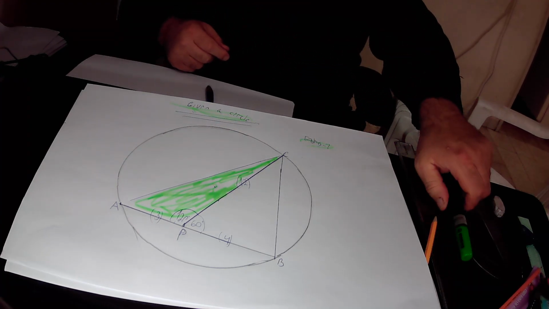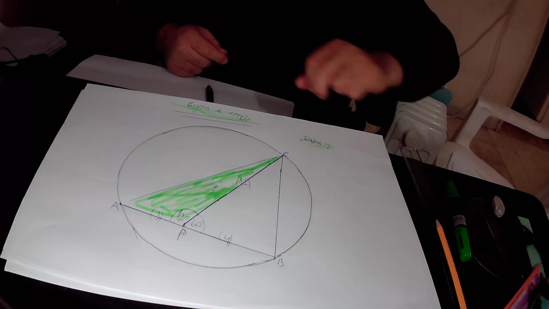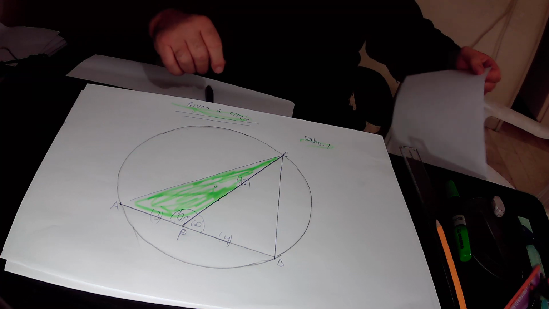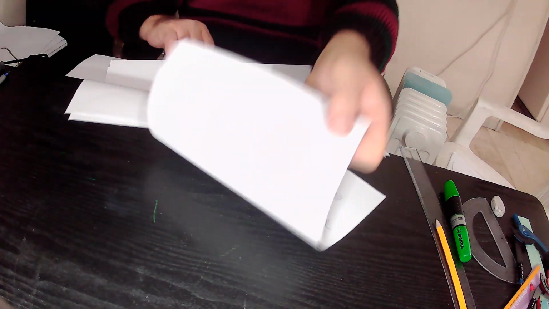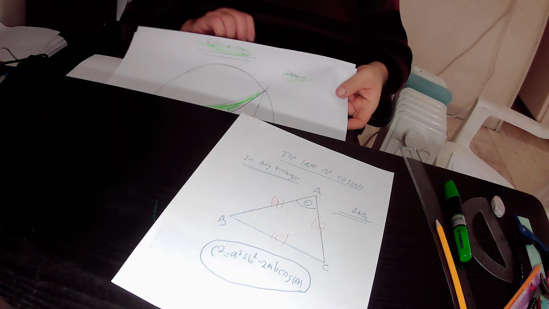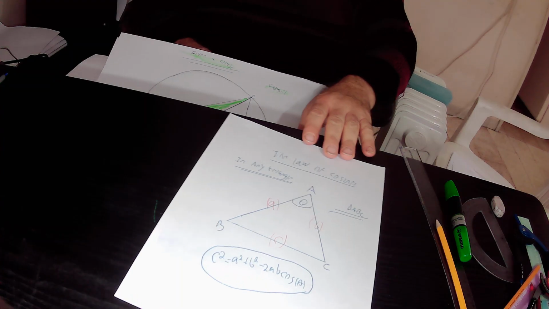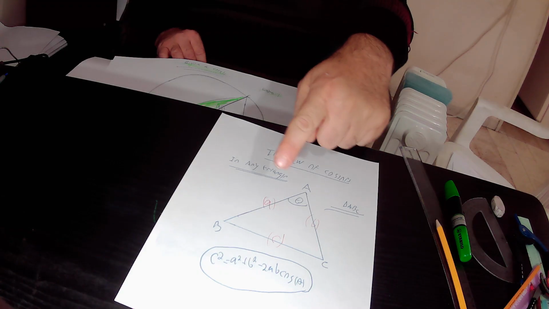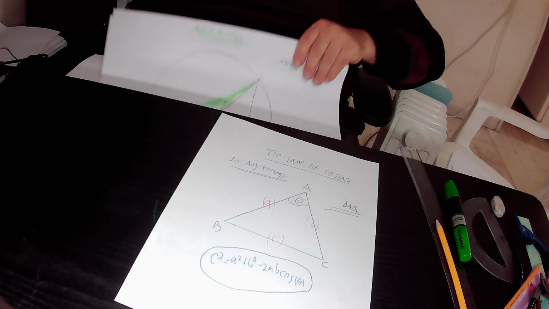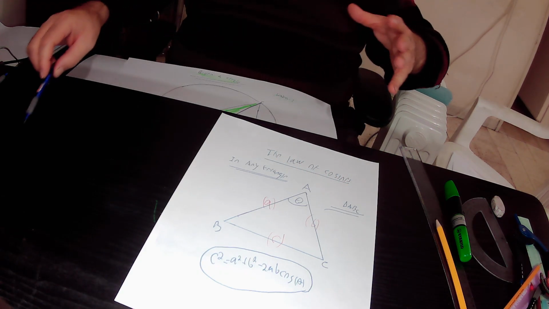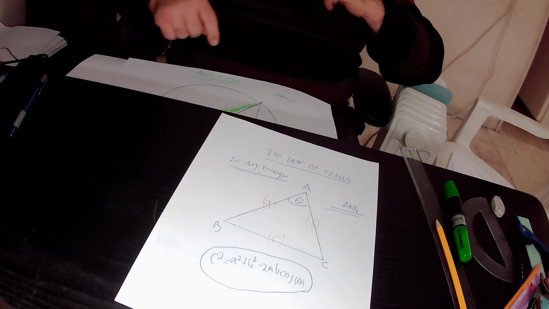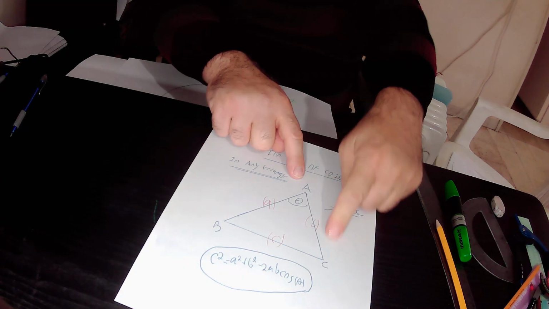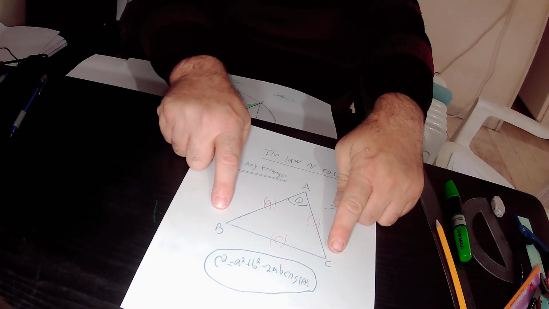So let's recall the law of cosines. According to the law of cosines, this is triangle ABC, which could be any triangle. The law of cosines is true in any triangle. The length of side AB is a units, side AC is b units, and side BC is c units.